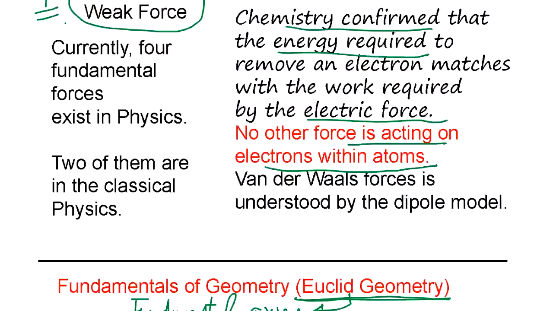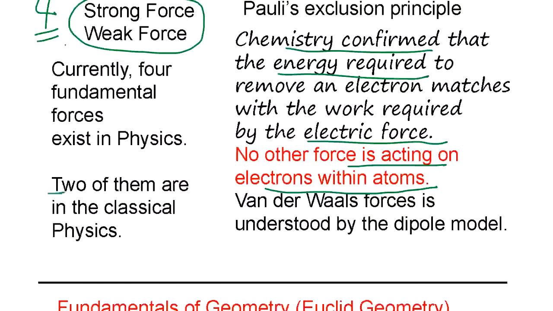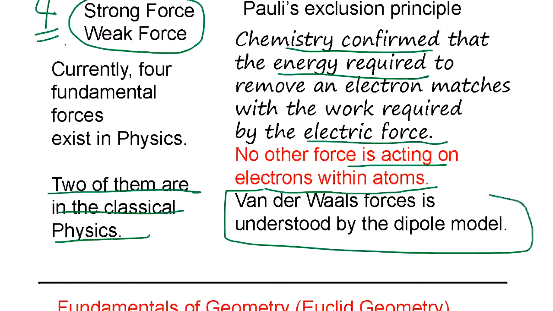Okay? And 2 of them are in classical physics. And you will learn 2 more in quantum mechanics. And there's another force called the van der Waals force, and our understanding is this is just another form of electrical force.